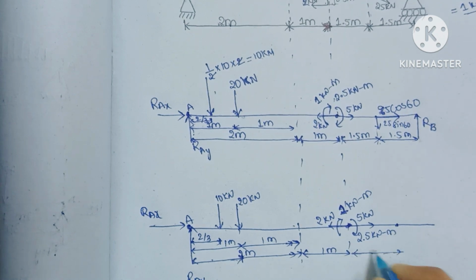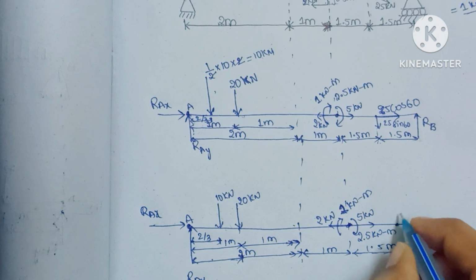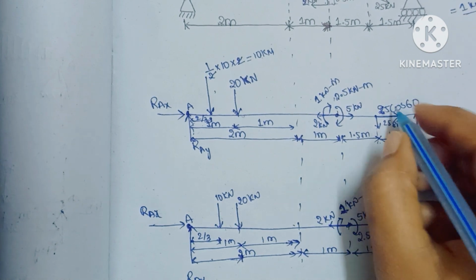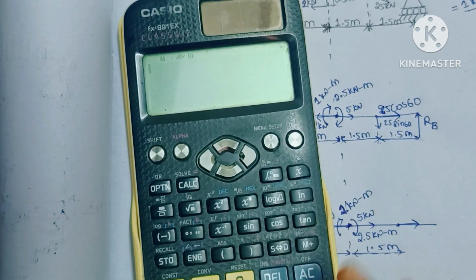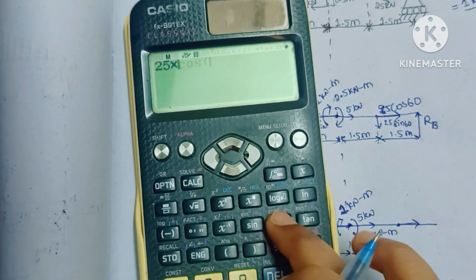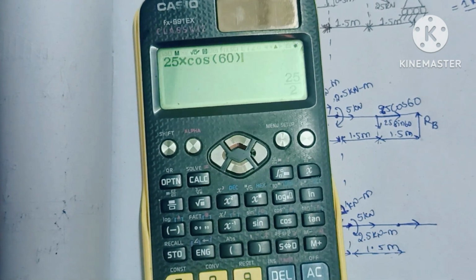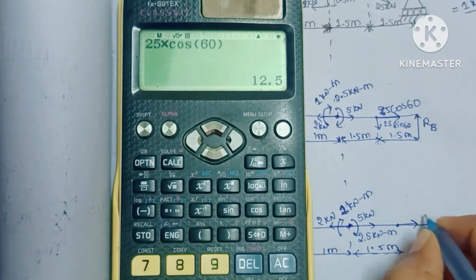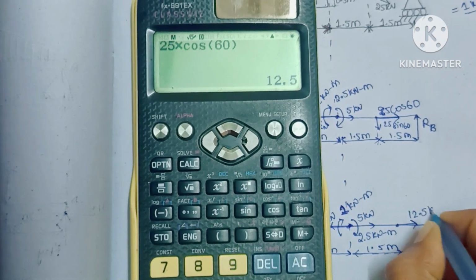And at this point, at 1.5 meter, this one is 25 cos 60, no? So 25 cos 60, which is equal to 12.5 kilonewtons.